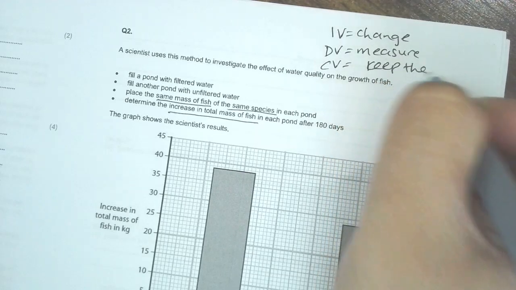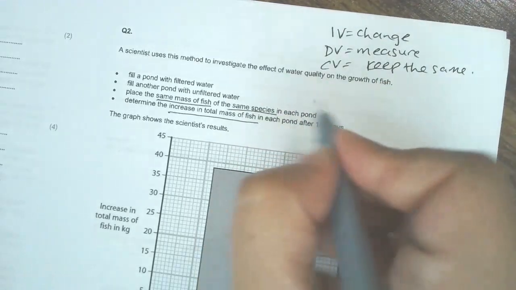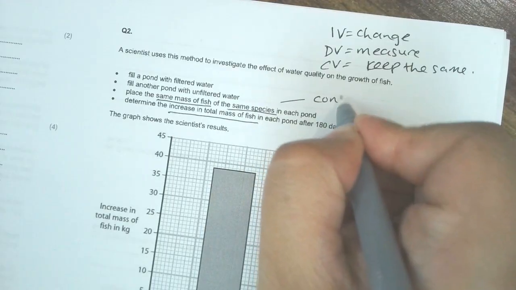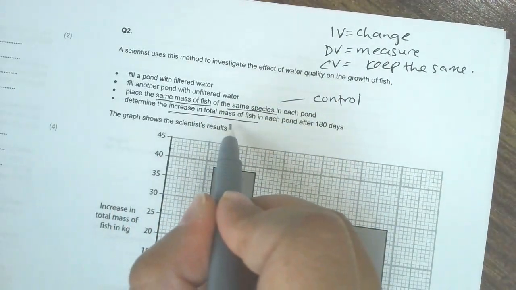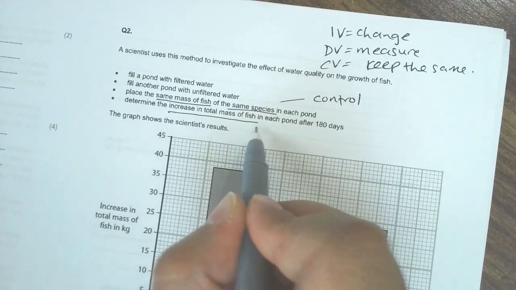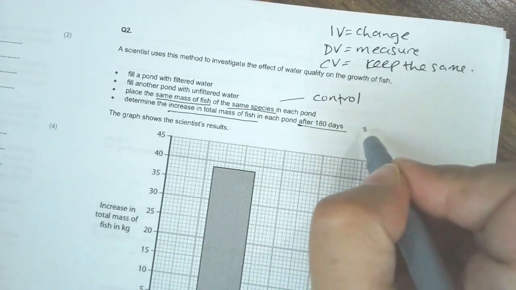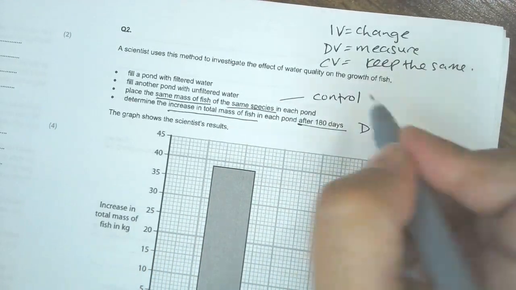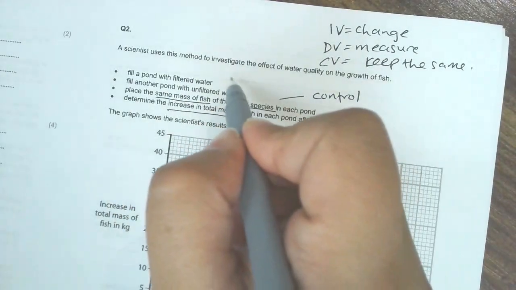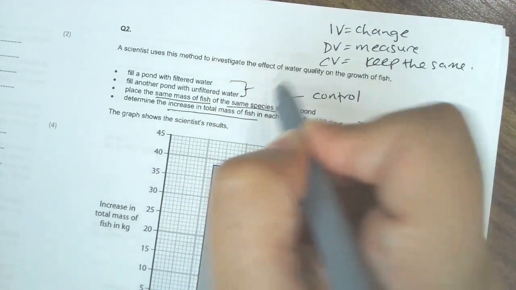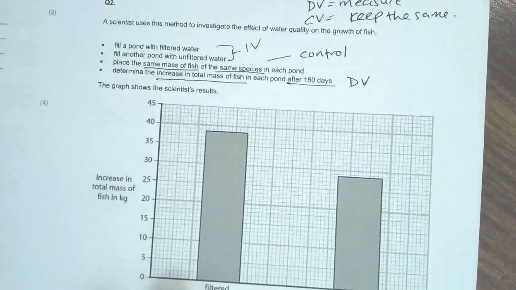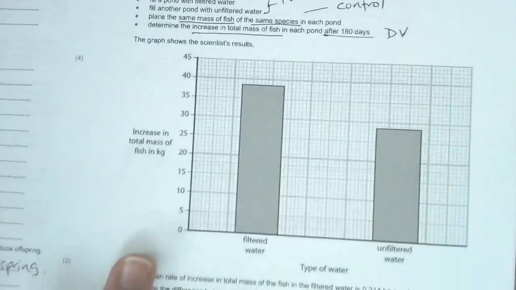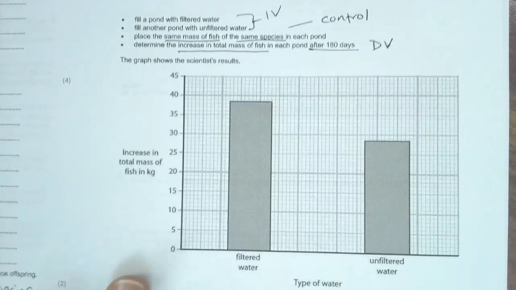So we've just highlighted the two control variables, 1 and 2. We're measuring the total mass of fish after 180 days, so this is my dependent variable. And I am changing the type of water, so this is my independent variable. All right, just making a note for myself there. It might be relevant later on, it might not, but there's no harm in identifying that.